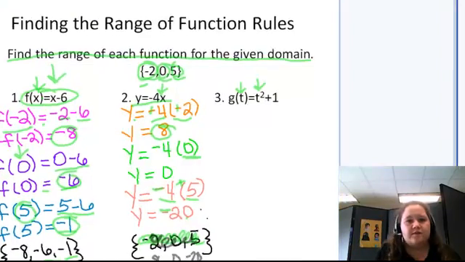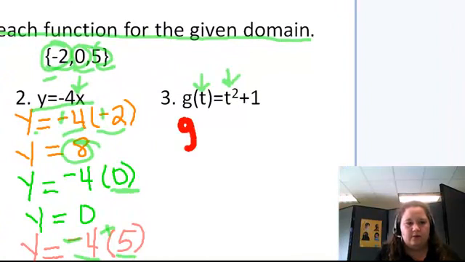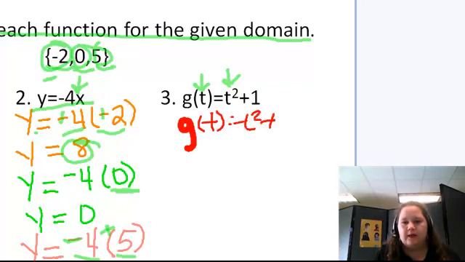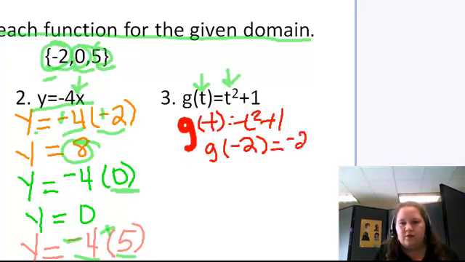Alright, so let's do the g of t together. G of t equals t squared plus 1. I'm writing it again because I have that really thick g and I don't want to write with it. Okay, so g of negative 2 equals negative 2 squared plus 1.